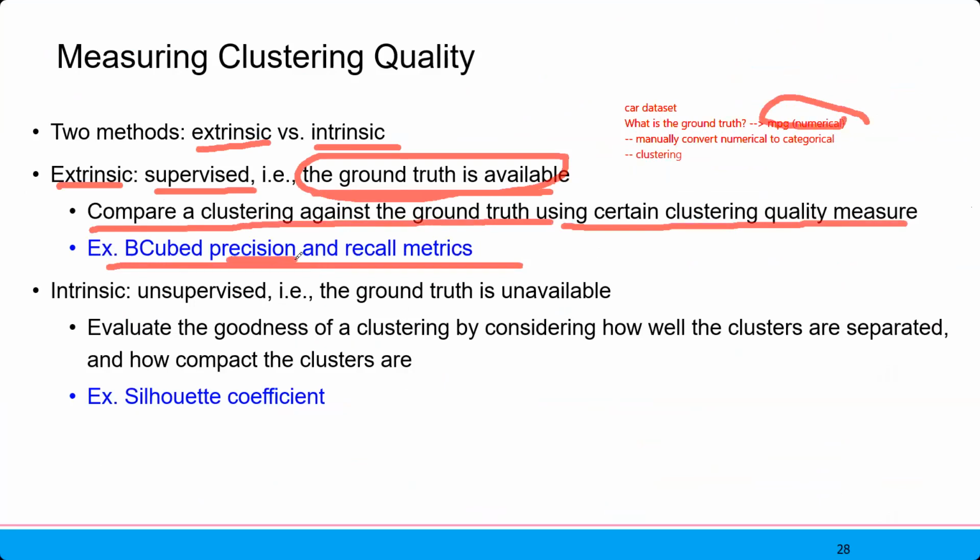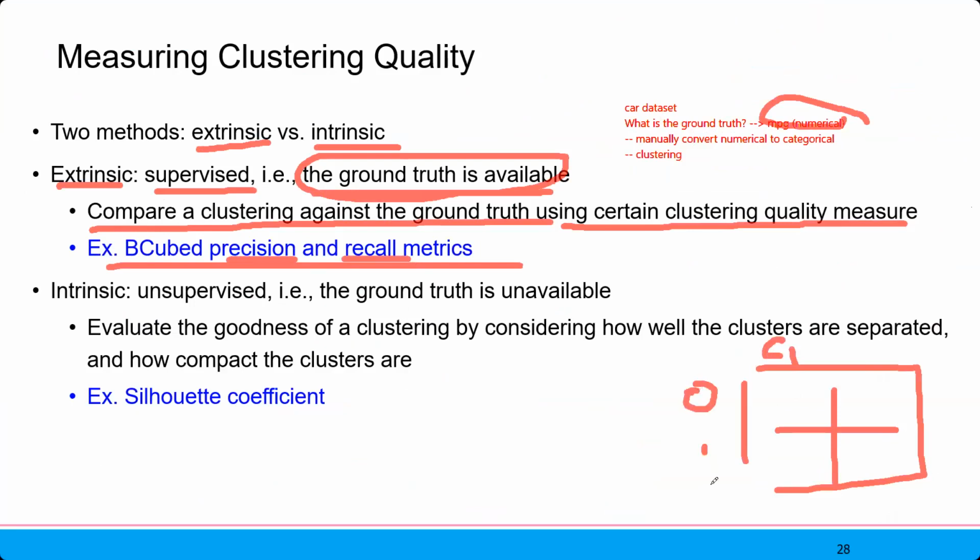We use also the concept of precision and recall. So it means we have like this. If the data in the cluster 1, this is the label 0, and this is the label 1, this is in the cluster 2.